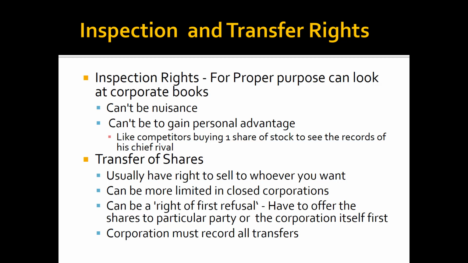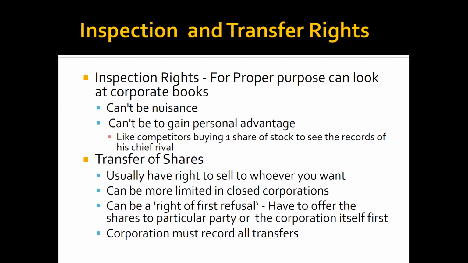For proper purposes, shareholders are allowed to look at the corporate books. They can't be nuisances about it. They can't seek personal gain, but they can look at the books. They have a right to sell their shares. Now, this can be a limited right. It can be that when I sold you the first shares of stock, and when you bought them, you also had to give me, in order to buy it, the right of first refusal.